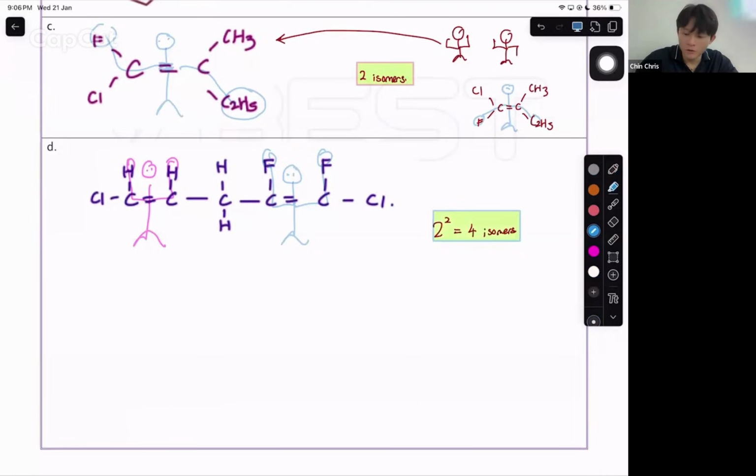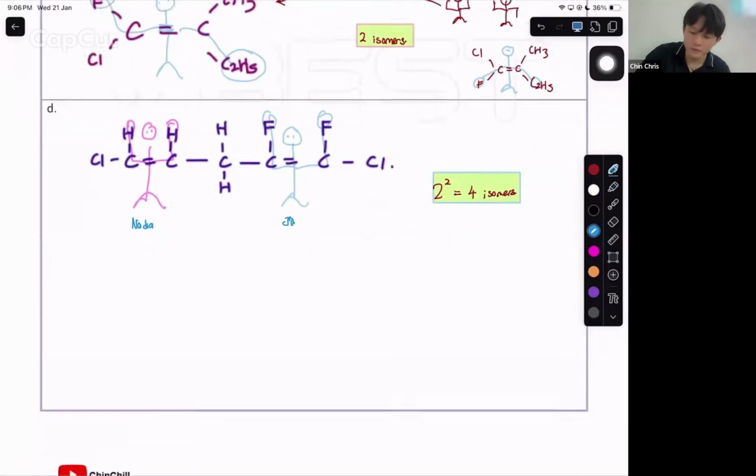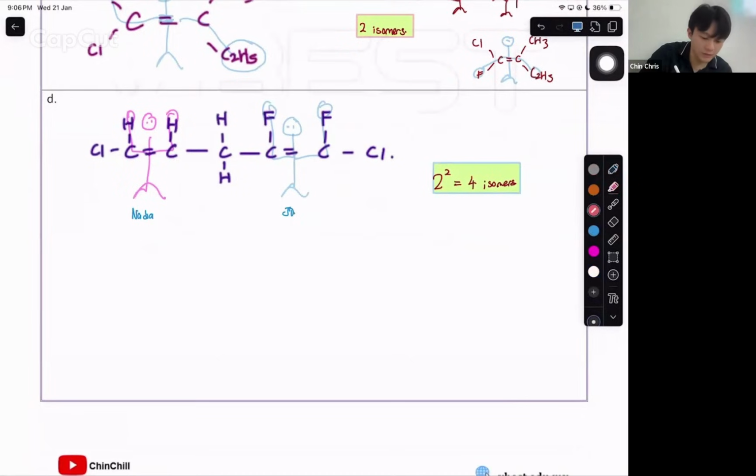Okay, guys. Again, isomer is stickman. Please, I don't want you guys to overthink it. It's just stickman. Please use the stickman method if you cannot visualize. It's very simple. Give me a name. This is Nadia and Joe Boy. Let me show you 4 isomers. Nadia, do this. Joe Boy, do this. The first one.